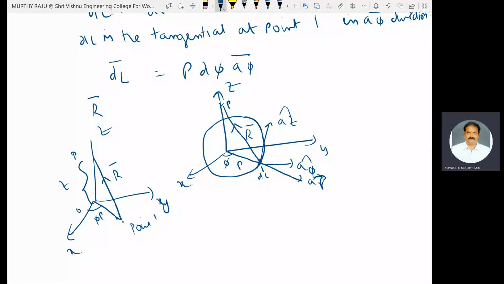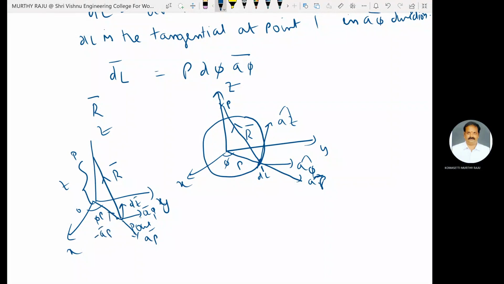In this direction a phi. Here the arrow is outward; for inward it is minus arrow.